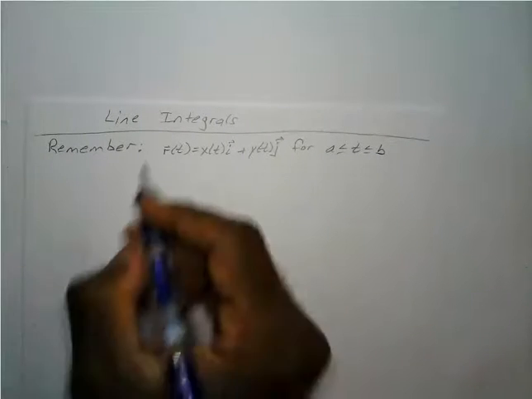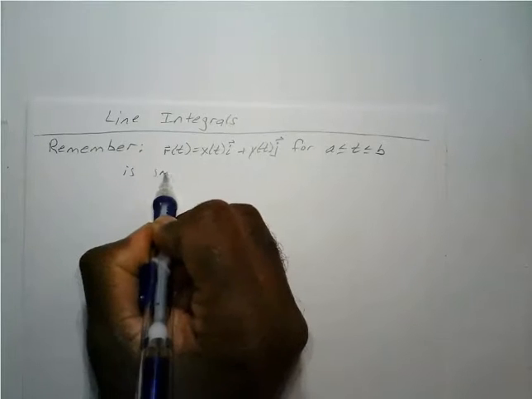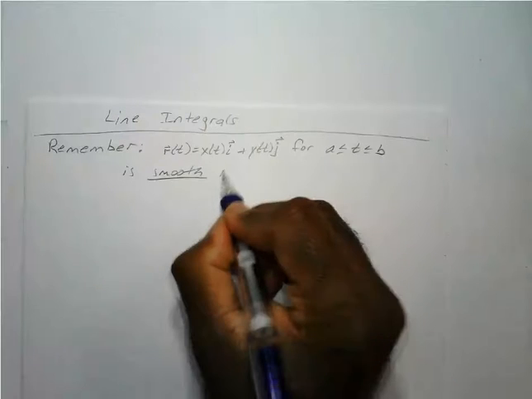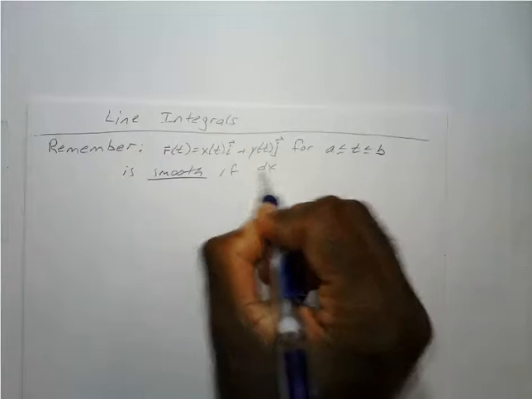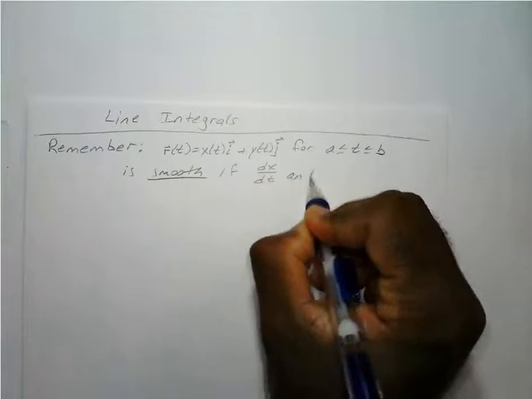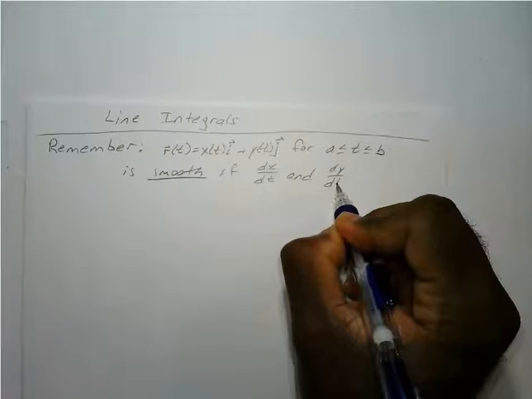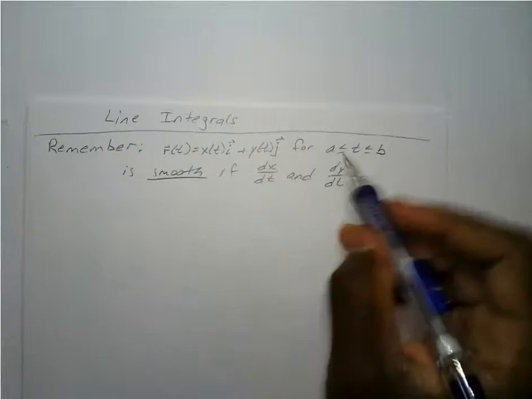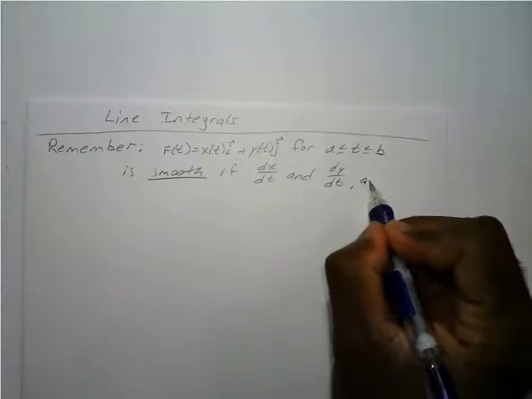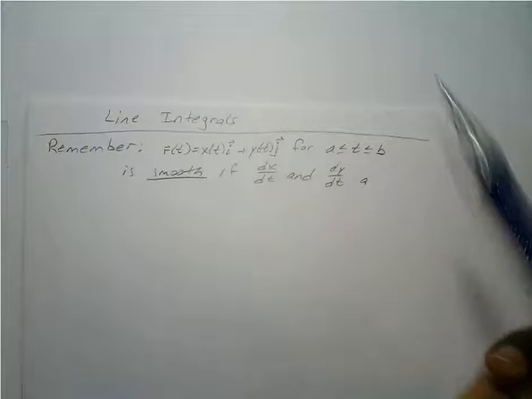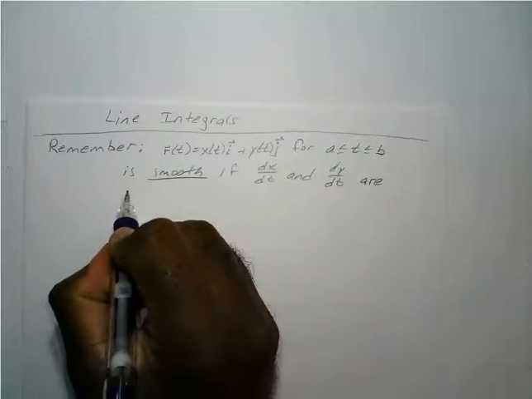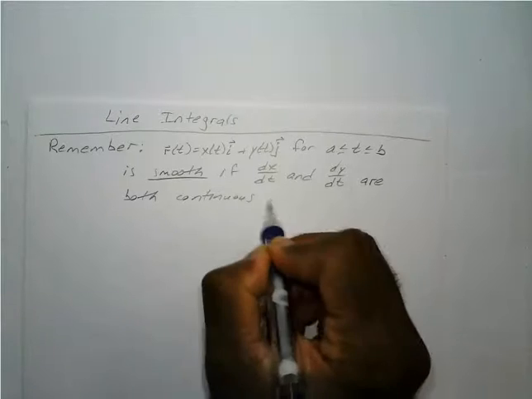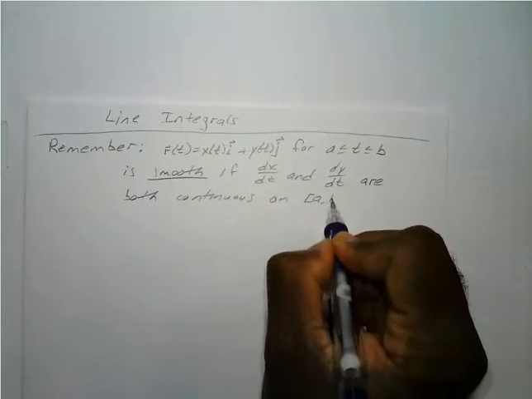Now, that is considered smooth if the derivative of x with respect to t and the derivative of y with respect to t are both continuous on that same interval.